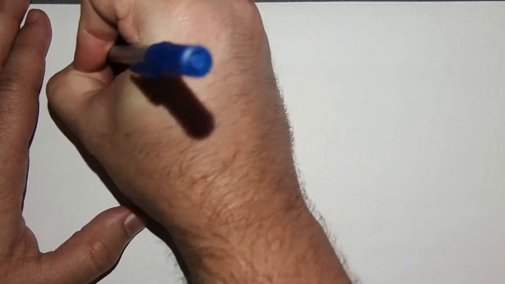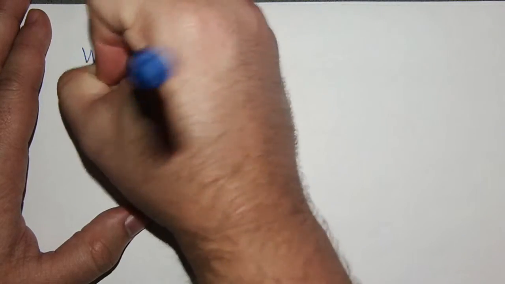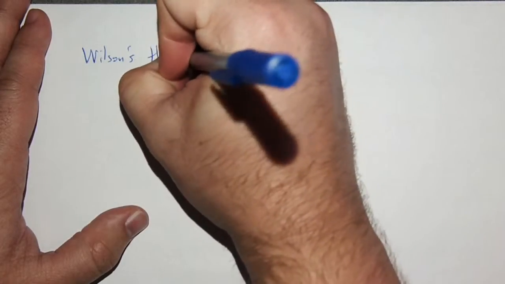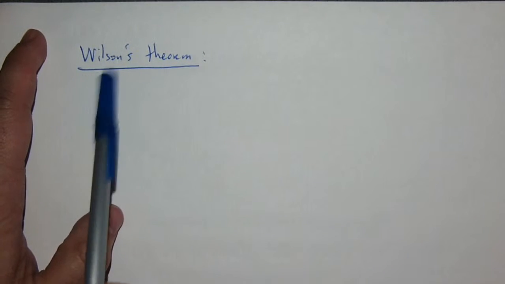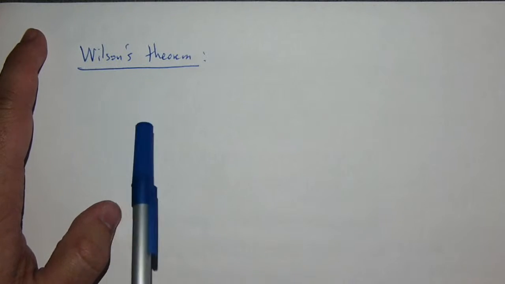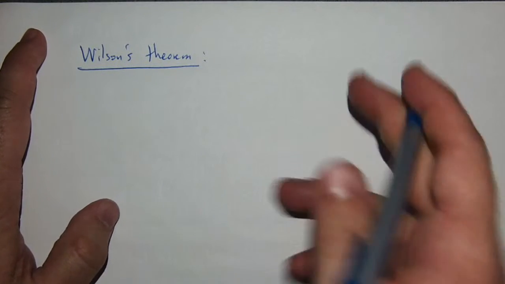So this is Wilson's theorem. Wilson's theorem has actually been known for over 1,000 years, but the first actual published proof of it was in 1771. What's funny is the person it's named after, Wilson, couldn't actually prove it. It was proven later by Lagrange.